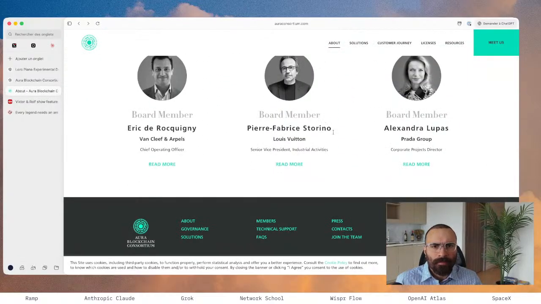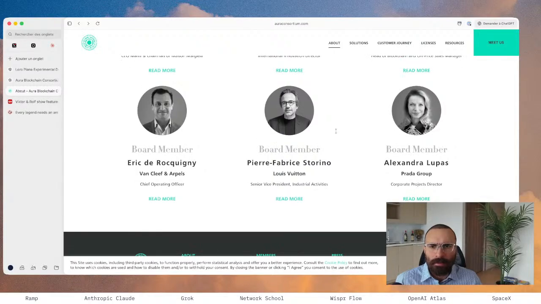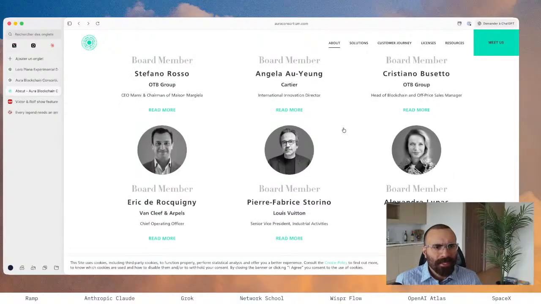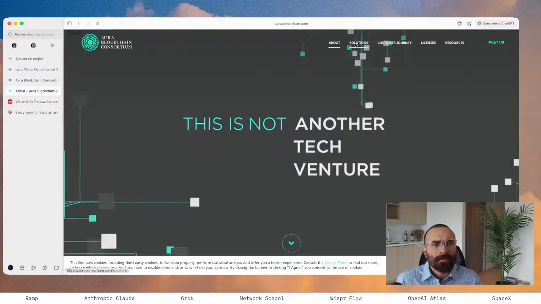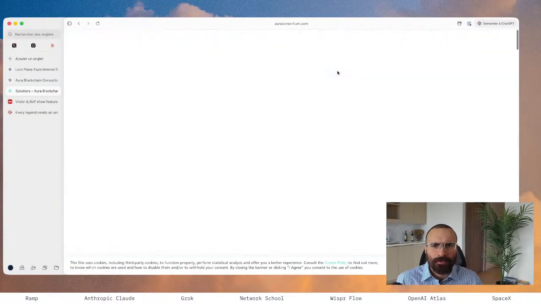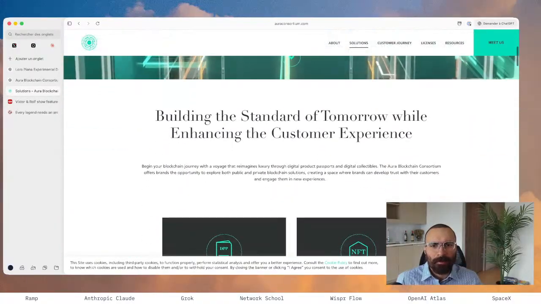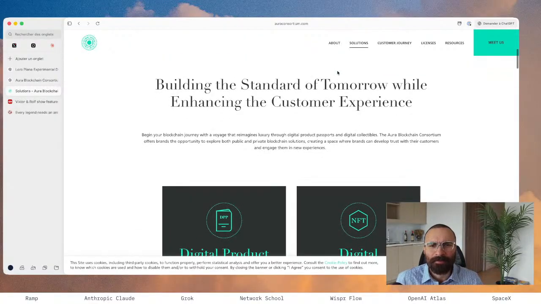Stefano Rosso. You got Louis Vuitton, Van Cleef, you got Prada. Pierre Fabrice Torino, Alexandra Lupus. Love to read these names. Okay, and let's look at the solutions. Like traditional storage. The branding doesn't feel like it was built by someone at LVMH or Prada, but okay.